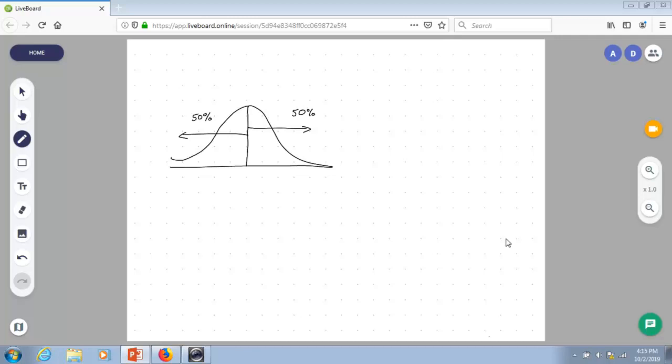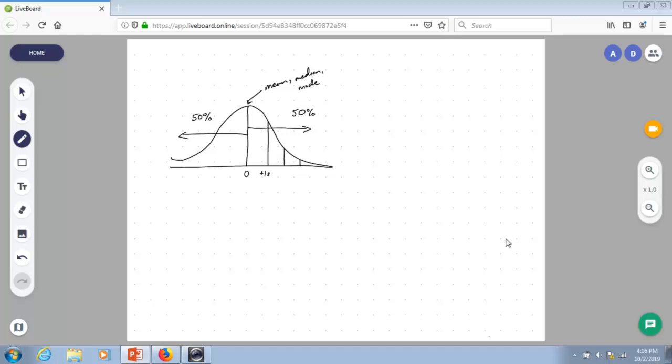Now, in a normal distribution, the mean, median, and mode would be in the center, and the standard deviation of the mean would be the equivalent of 0. And we'll talk about why that is in just a little bit when we actually work through some of the z-score problems. In a normal distribution, you also have inflection points, and each inflection point represents one standard deviation.